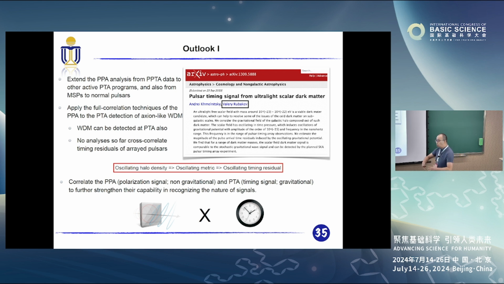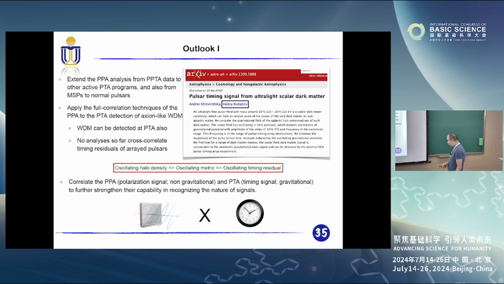As said, for wave-like dark matter, its density profile is actually oscillating. So this will cause oscillation of the metric within our galaxy. And because of this effect, you can imagine some non-trivial timing residuals for the arrayed pulsars will be generated. And then based on this effect, the ultralight wave dark matter can be probed.